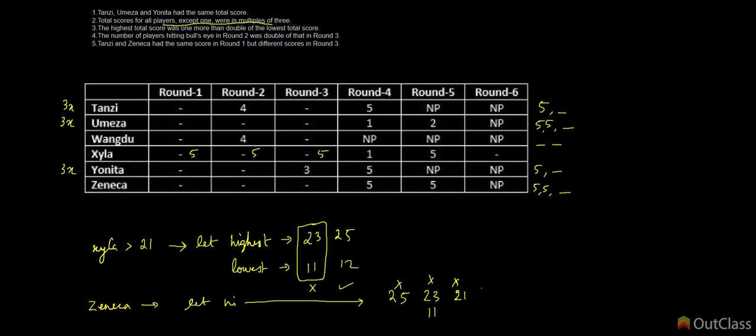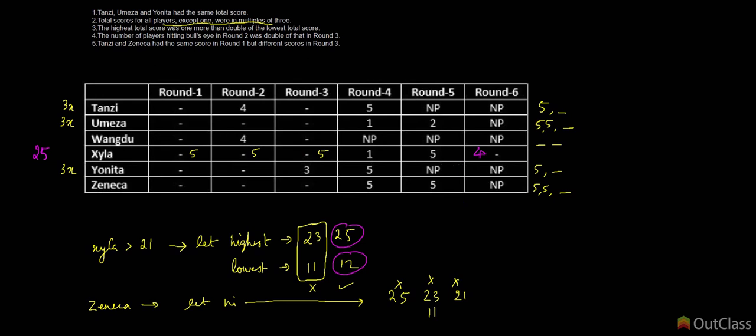So Zeneca is not the highest, Zyla is the highest, and that high score is actually a 25, with somebody getting a low score of 12. So we can put Zyla's sum as 25, which would be 5 5 5 5 1 4, and the lowest is 12.